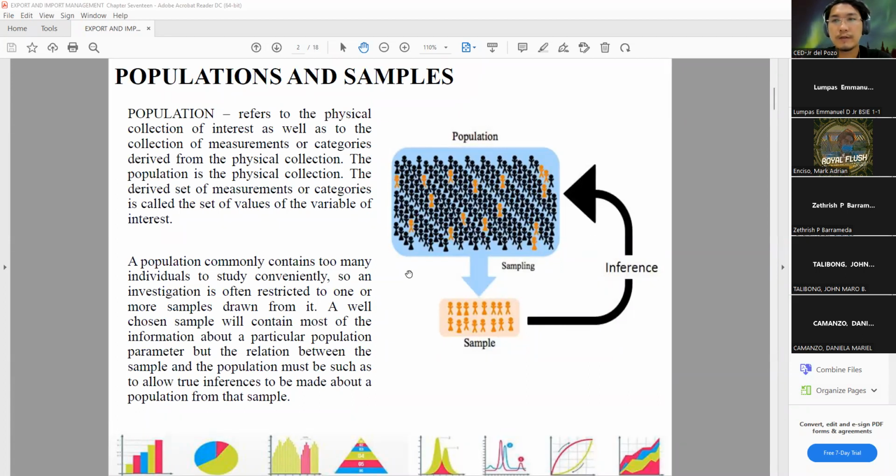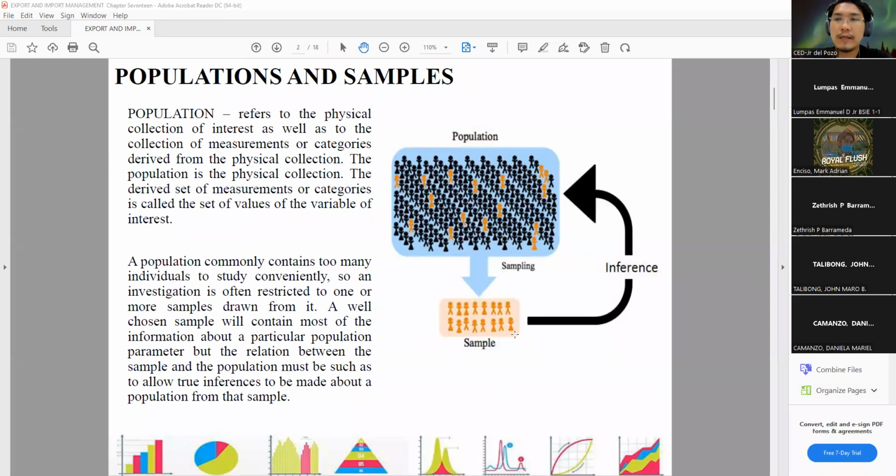So for example, on the figure, you have your population, the whole population, and you need to get a sample. You get a portion of it randomly, or do you have a special tool for how you do it? And then all those highlighted individuals are collected and we call it a sample.